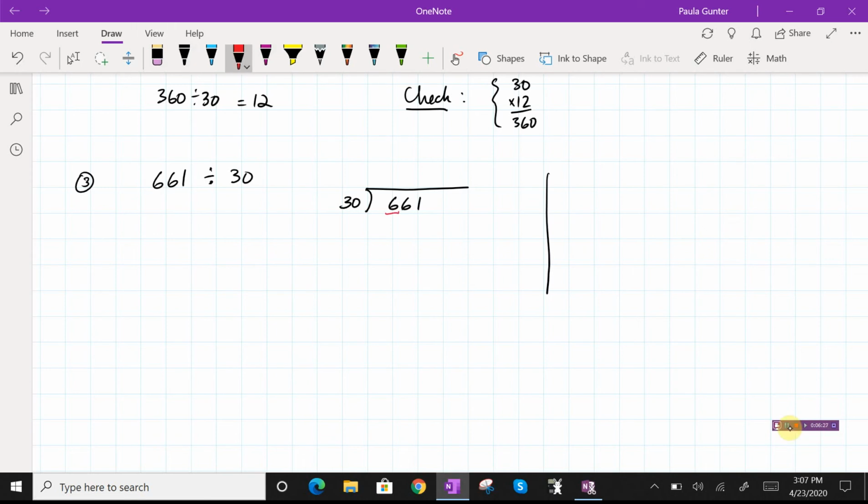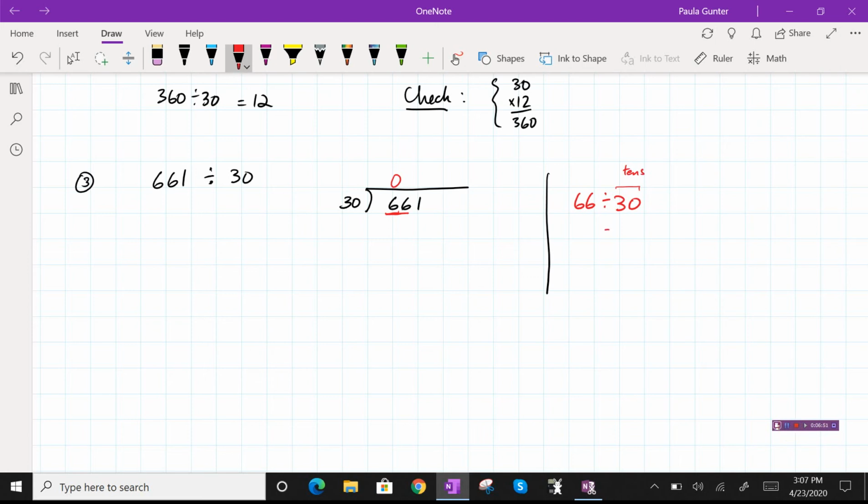Does 30 divide 6? It doesn't, so I'll put a 0 there. The first place that we'll have 30 being able to go into is 66. 66 divided by 30. All right, if it's not rounded to the nearest tens, and again we're rounding to the nearest tens because the divisor is to the tens.